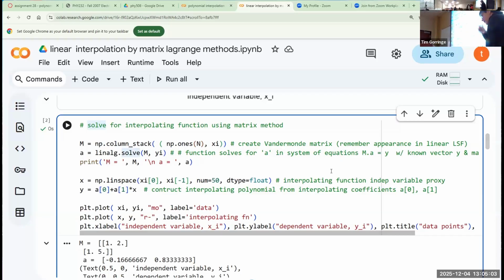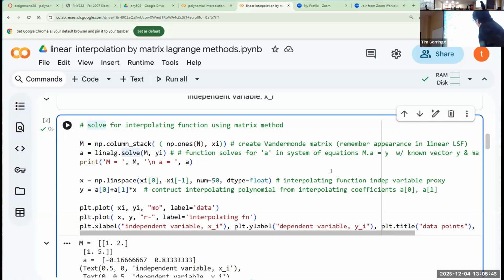It solves that linear algebra problem for the coefficients a. Inputs are our knowns, which is the matrix containing the independent variable and the vector yi, the dependent variable. So the arguments are basically the data points, and what it returns is the coefficients of the polynomial that's going to pass through the data points. That's the solution to the problem, and then I'm just going to write out the values of the coefficients.